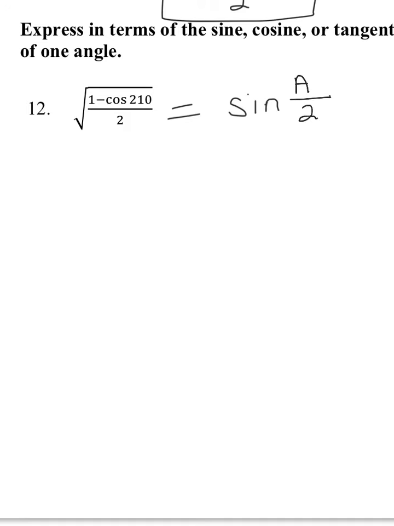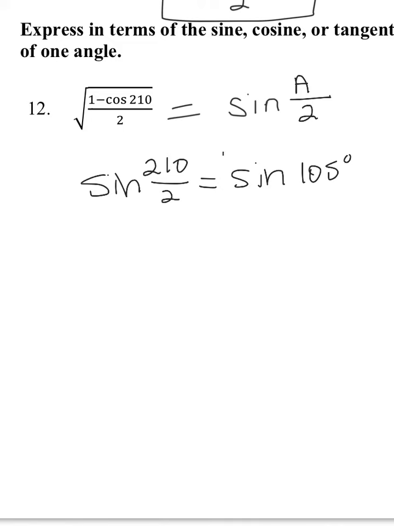So if this is the half angle for sine and our angle is 210, then we could say sine of 210 over 2, which is sine of, and then 210 divided by 2 would be 105 degrees. Final answer.